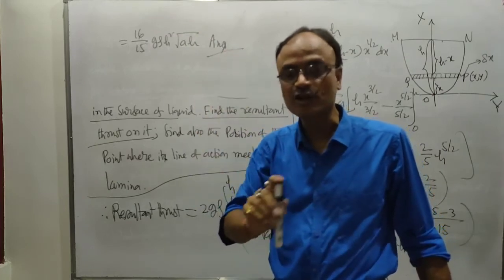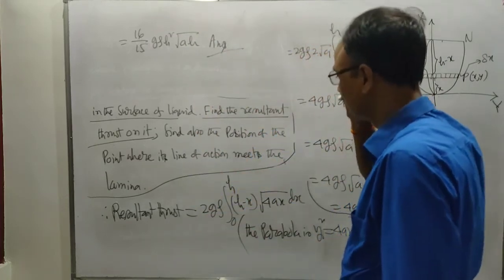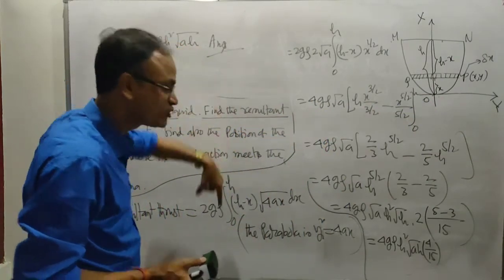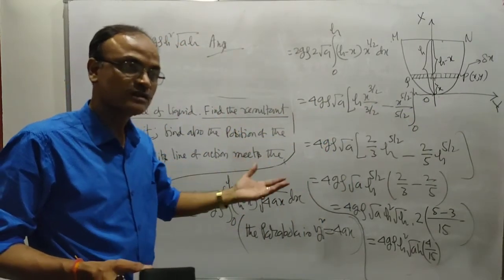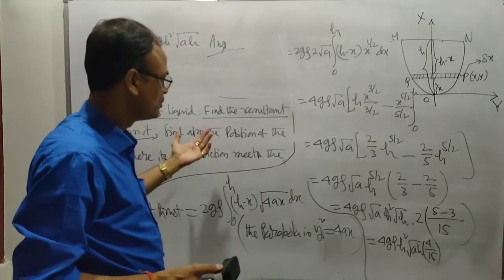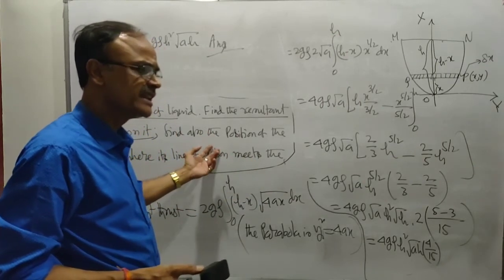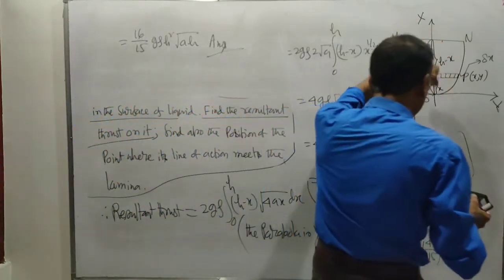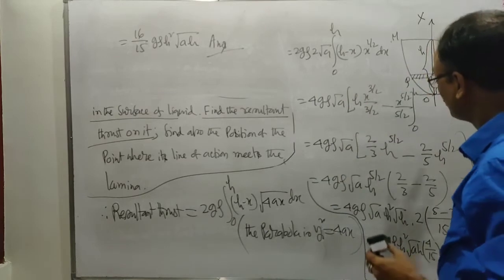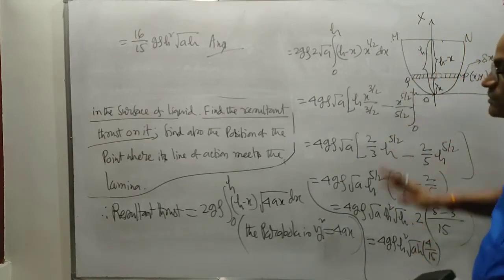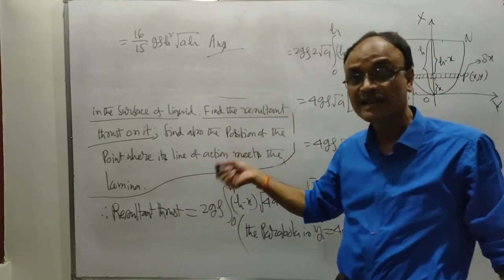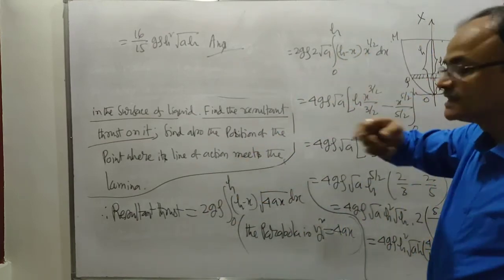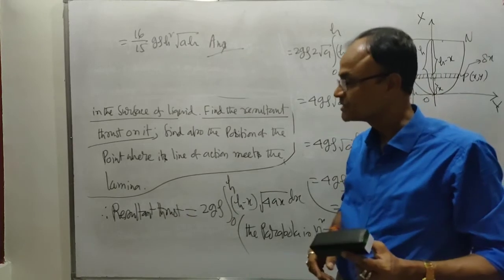That point is called the center of pressure, the point at which the resultant thrust acts. We are indirectly asked to find the center of pressure of this lamina: the depth of the center of pressure below the effective surface.